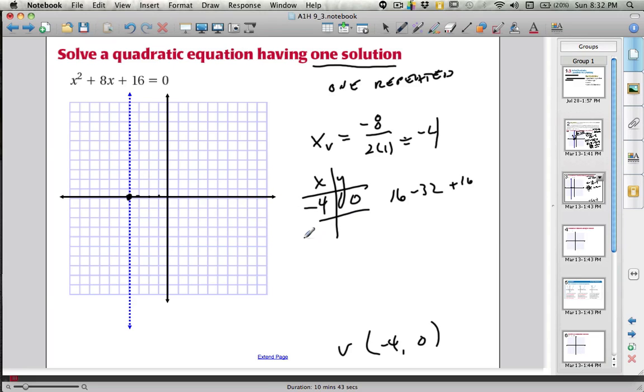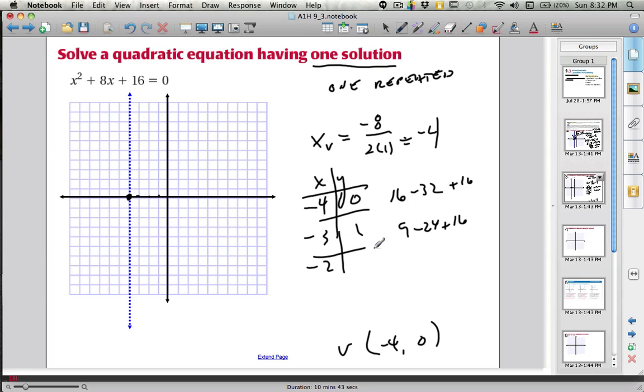If I want to continue to graph it, I'd put in negative 3 and negative 2. Again, the smaller values as I move away from the axis of symmetry. This will give me 9 minus 24 plus 16, and that's going to be 1.